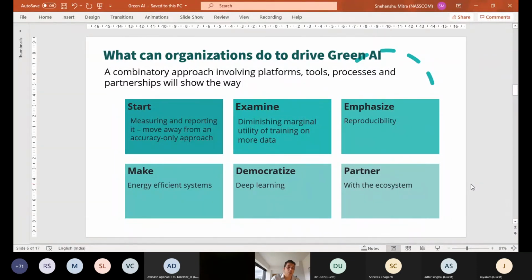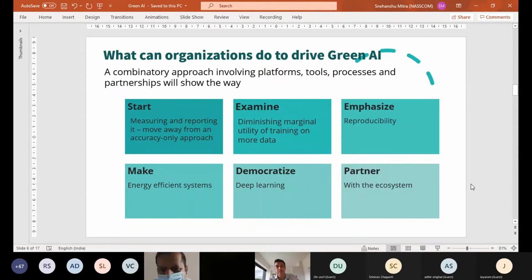And in time, all the major manufacturers, in our opinion, will follow suit, whether it is NVIDIA, whether it is Intel, and some of the others. It is going to be a critical step from a hardware perspective, and more innovations need to happen in trying to develop those energy efficient systems.